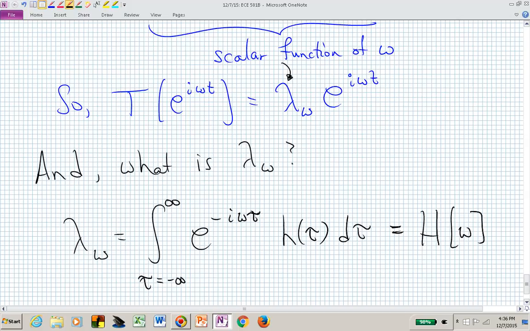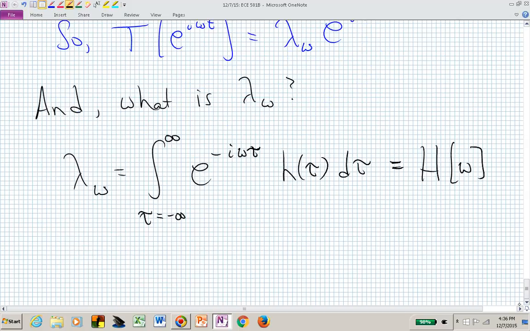But omega is infinite in extent. It's from DC, 0, all the way up to infinity. So instead of having a finite number of eigenvalues, now you have this eigenvalue sort of spectrum, or this infinite number. If you picked a discrete collection of omegas, you would have these different sort of eigenvalues, but in general, we now have this function, H of omega, that depends on omega for an infinite number of omegas.